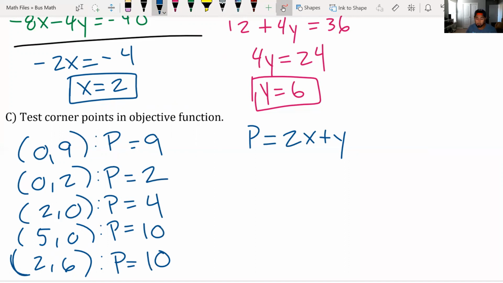Okay, we were looking to maximize and minimize. Well, 10 is our max, and it looks like we have 2 max. You can get a max at the corner point of 5, 0, or you can get a max at 2, 6. And then we have a minimum just at 2.